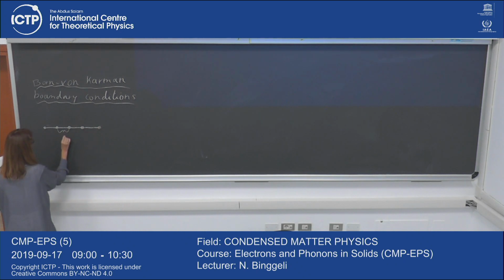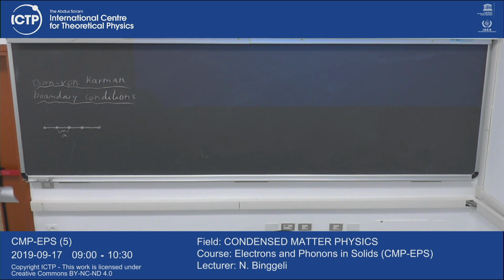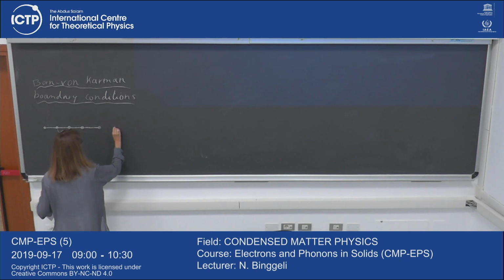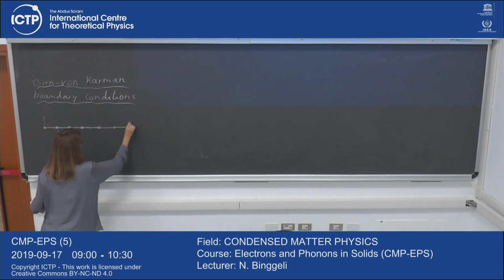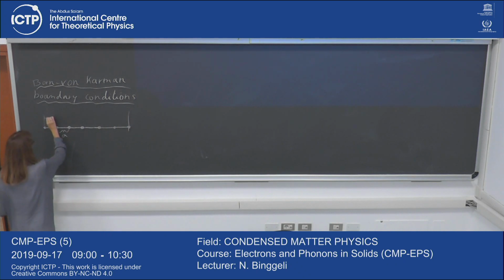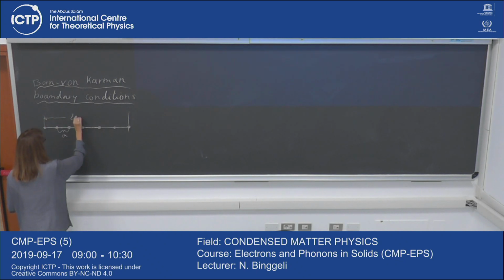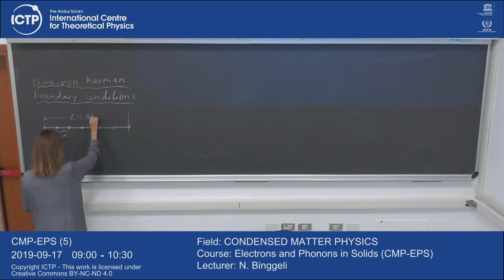So this is my spacing, and then I take N very large, and I will have on my piece of crystal a length L that is N times a, my spacing.